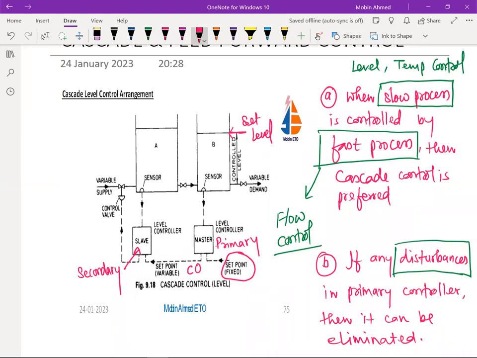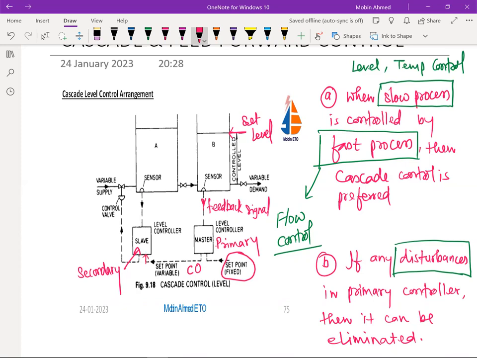It is going to have its own feedback signal. Its feedback signal is whatever it is coming, it is going to have its own separate sensor, which is going to give the feedback signal. So now here the set point or set value is variable because this control output is variable. So this is also variable here.